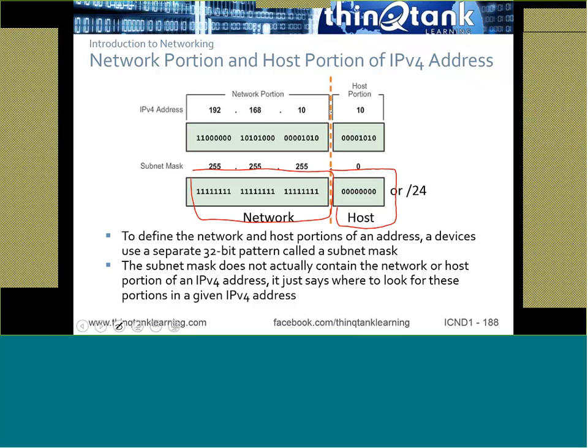So that means in this network, I have 24 IP addresses? No. It means that there are 24 ones in the subnet mask. It doesn't mean there are 24 addresses. It means that there are literally 24 ones in the mask, period.